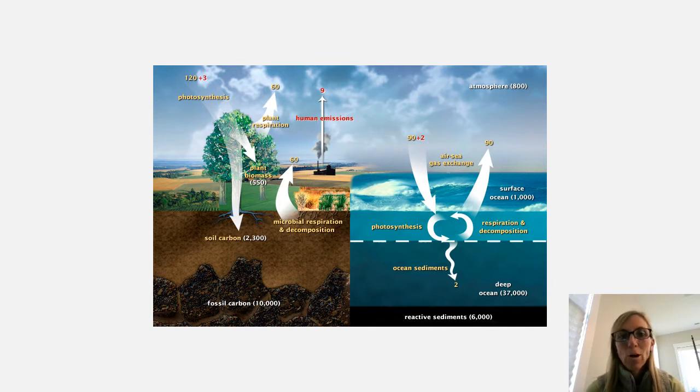What we might think of as the long carbon cycle takes between 100 and 200 million years to move carbon between rocks and soil, the ocean and the atmosphere. So that slow carbon cycle is happening on a different spatial and temporal scale than our faster carbon cycle, which is really the movement of carbon between the atmosphere and living plants and phytoplankton that we find in the ocean.